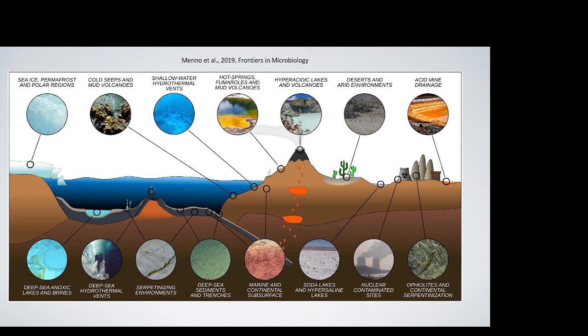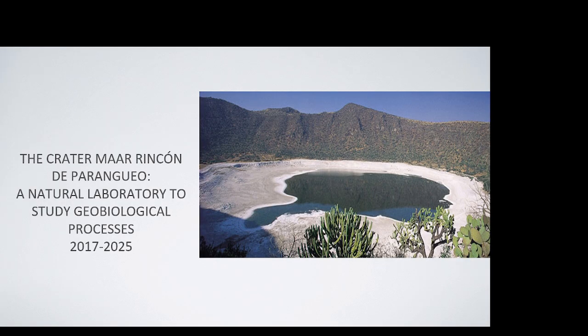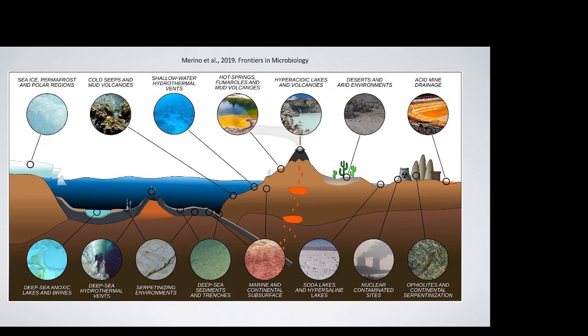I like very much this graph. It's showing at the bottom the plate tectonic settings. Subduction zone is here. Here we have a volcanic arc. We have the spreading ridges in the mid-oceans, passive margins, deserts, and other environments that are driven by tectonics.